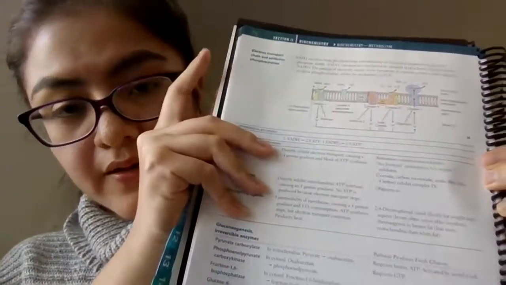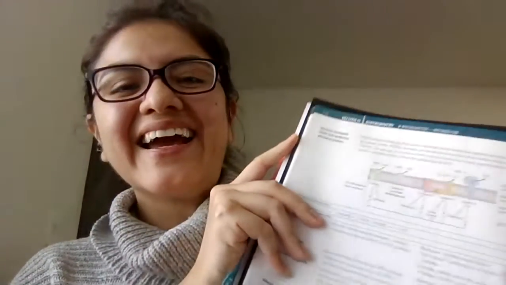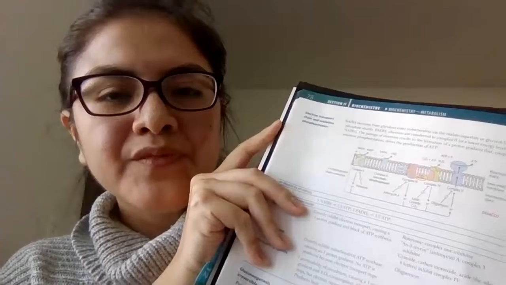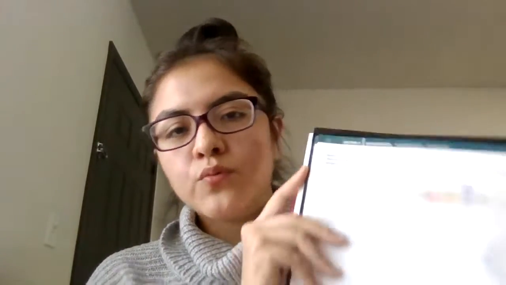Usually at the end of every lecture, I go to this book to see if it's even in here. The medical school will teach you things that are not here because it's teaching you above and beyond.